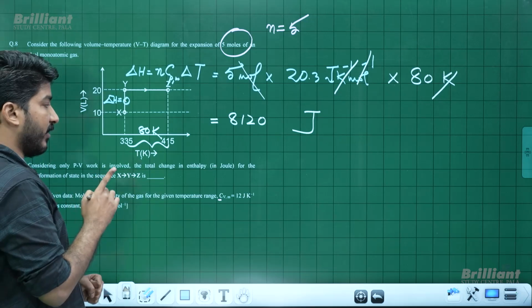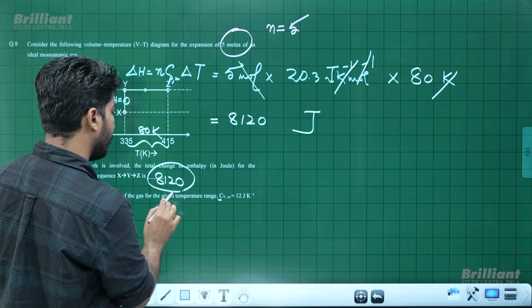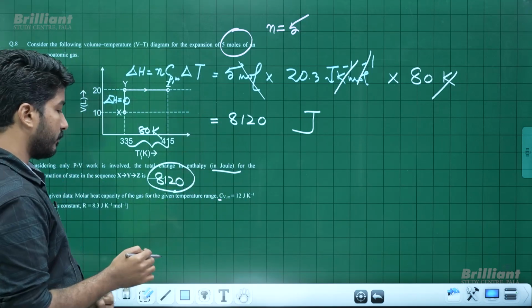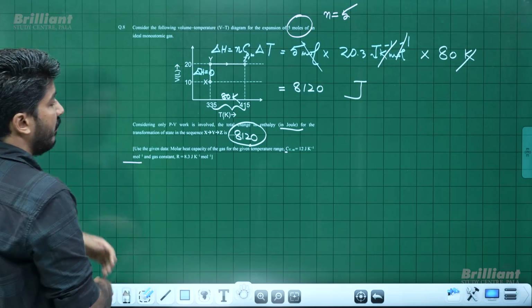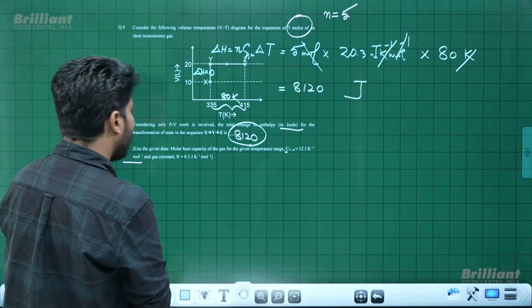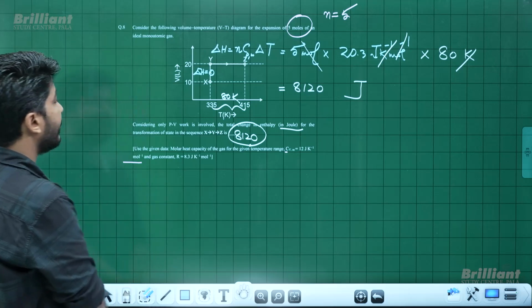So that is our non-negative integer answer, 8120 in joules. If it was in kilojoules, 8 would be our integer answer, but here we write 8120.